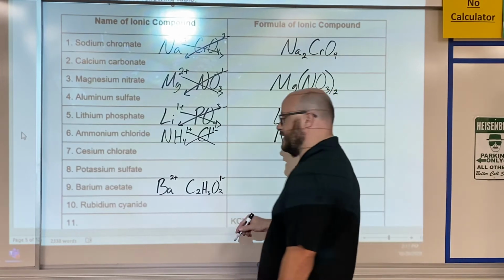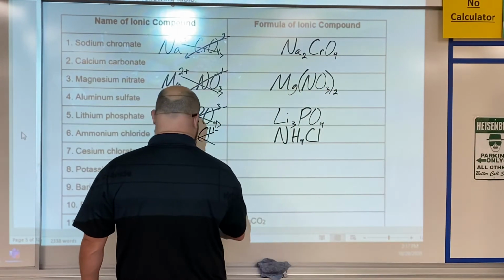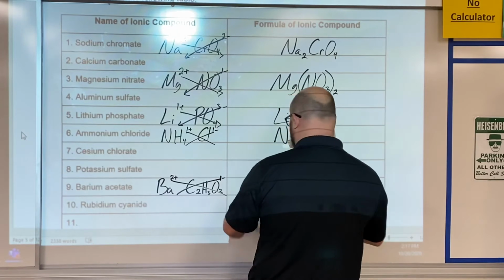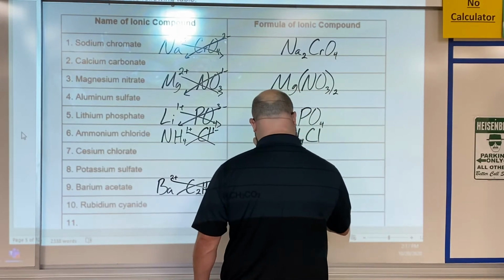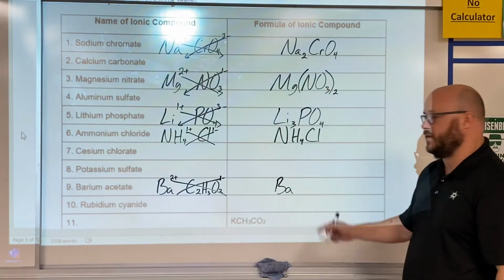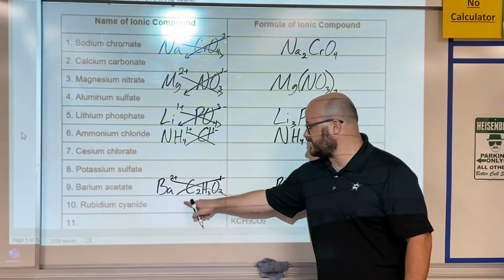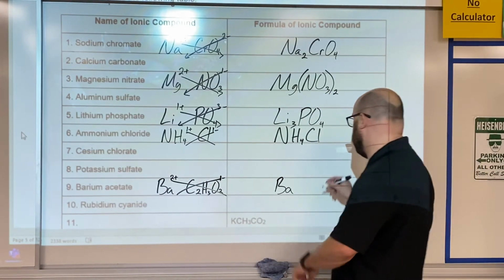So, crisscross applesauce, you end up with Ba1. Don't have to write the 1. We're going to have 2 acetates, so we know we need to put parentheses.